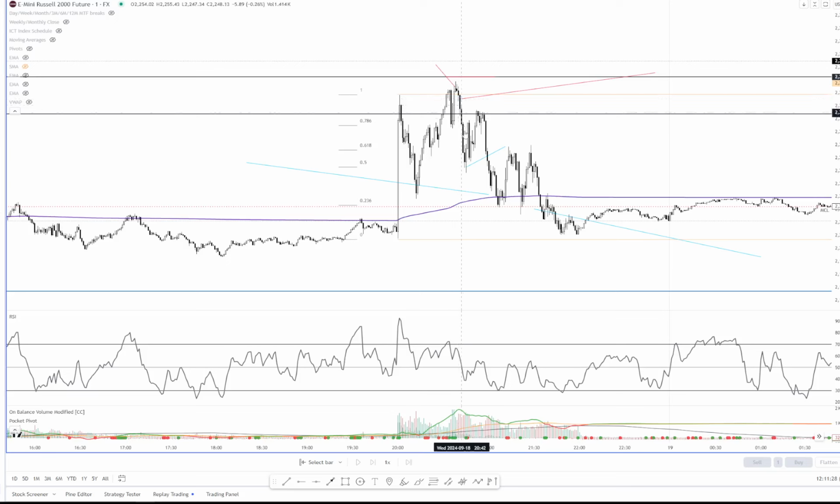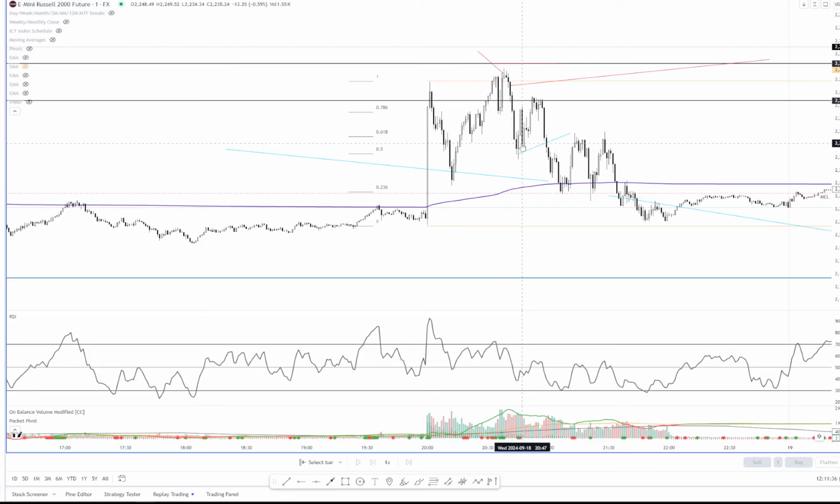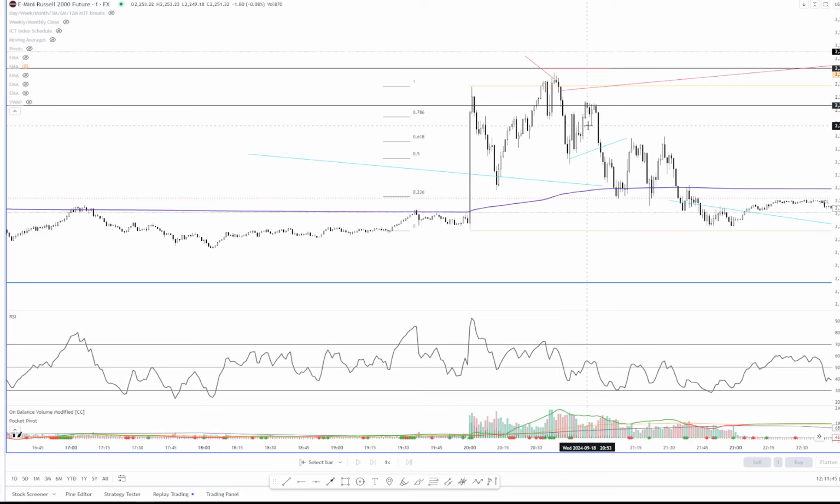That trade is 50% to here, and 3 strong, which we do have here. No, we don't have it. Maybe we can 1, 2, 3 it.